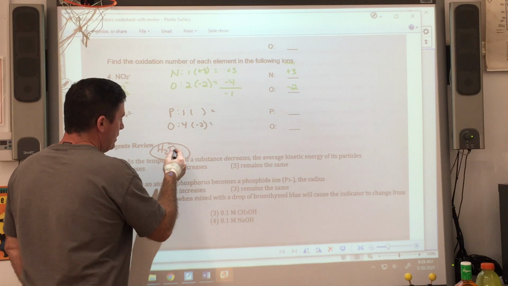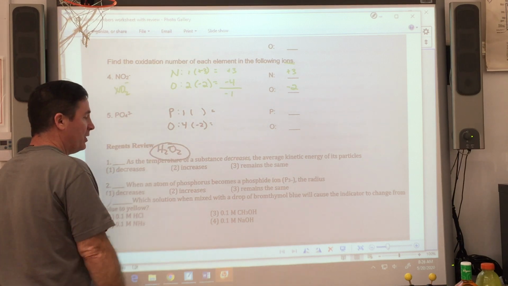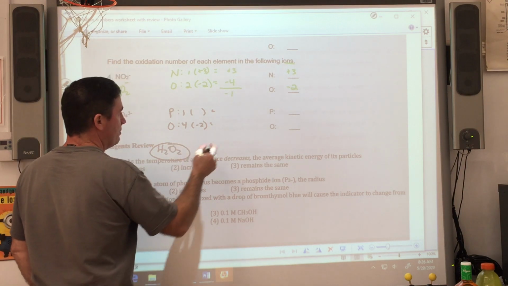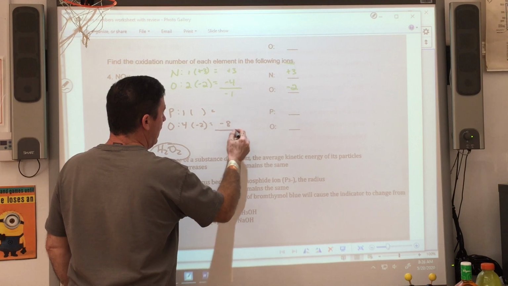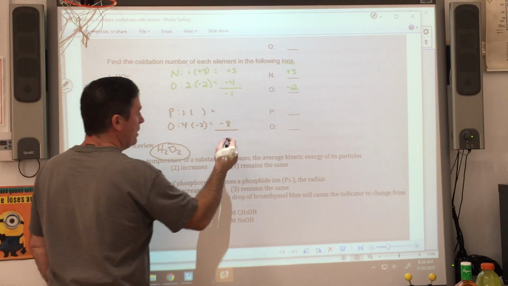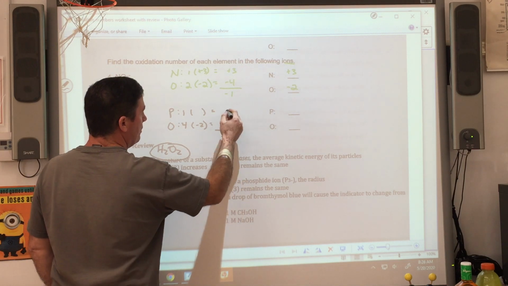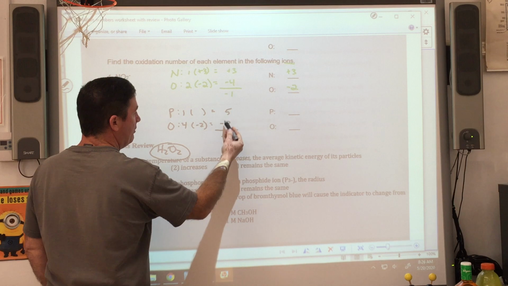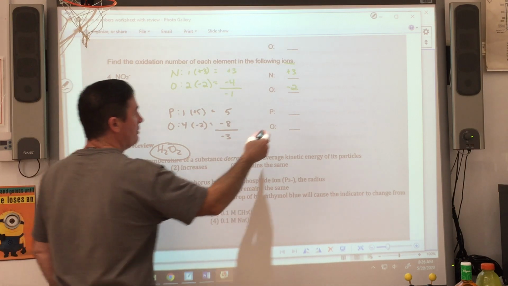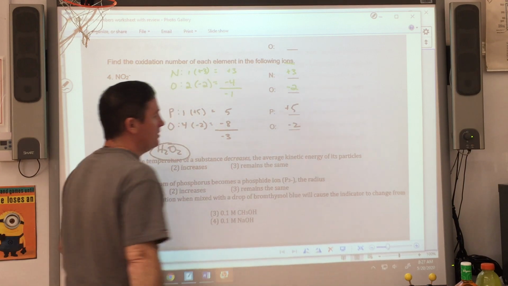In hydrogen peroxide, oxygen is actually a -1. But for pretty much every single other thing, it's going to be -2. So I can pretty much rely on that. It's -8. My total here is a -3. So what number has to go here? A 5. 5 plus -8 gives me -3. That's a +5. Oxygen, again, is a -2.